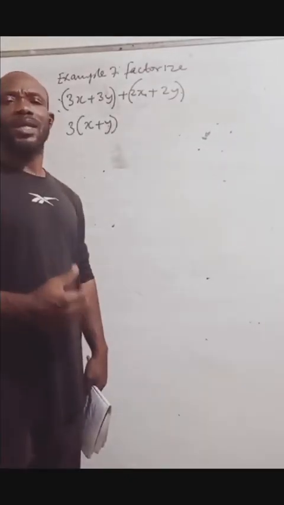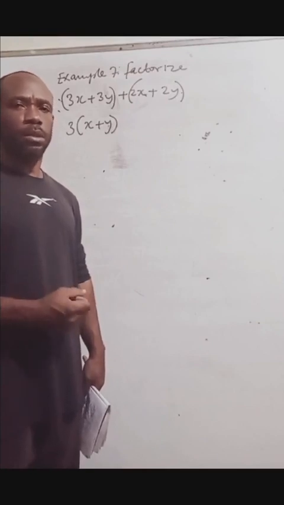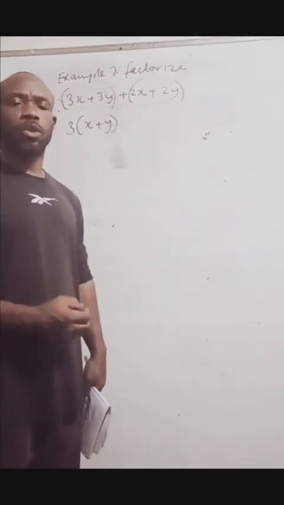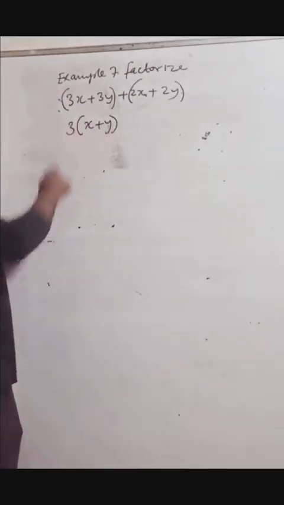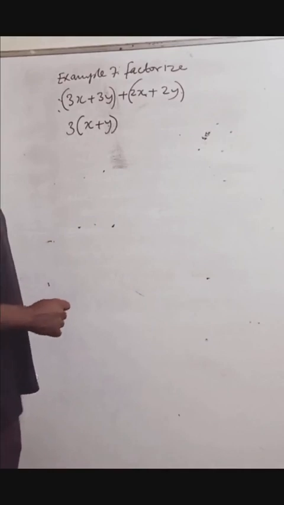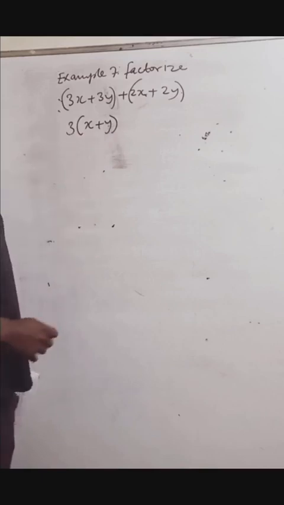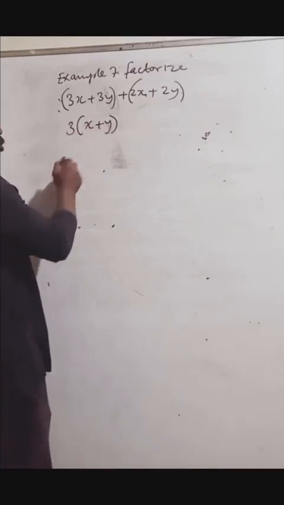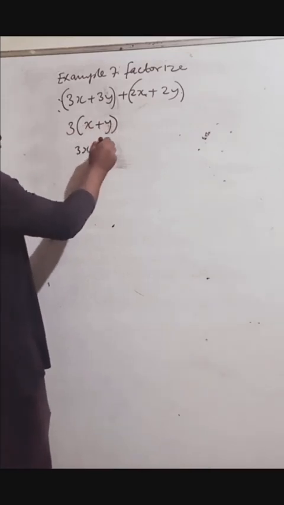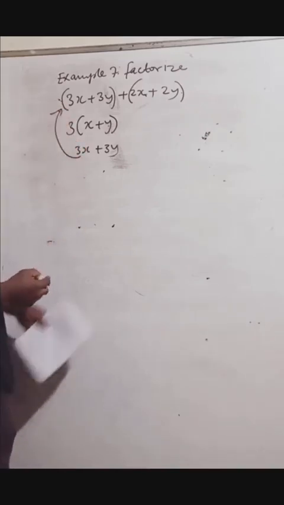How do you check if your factorized version of an expression is correct? To find out if the factorized version is correct, what you do, you expand the resulting expression. You open up the bracket. Now, if we open up this bracket, this expression is going to be 3x plus 3y. So we're going to get back the original expression, right?